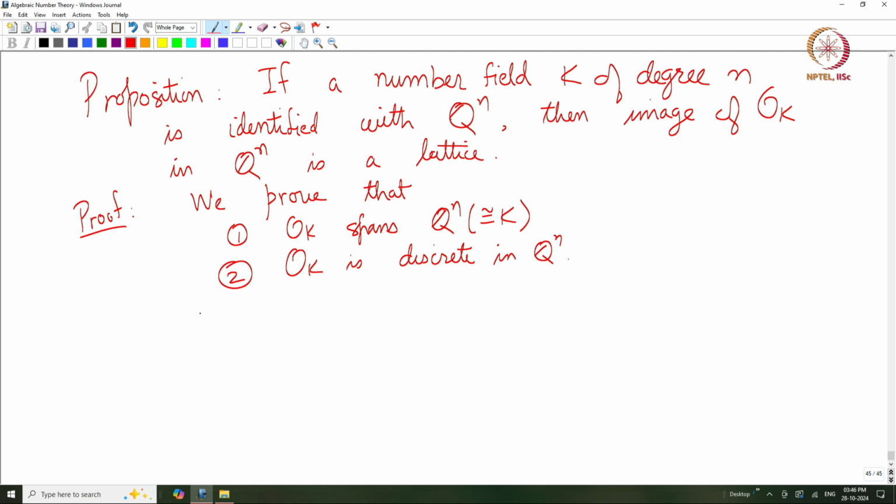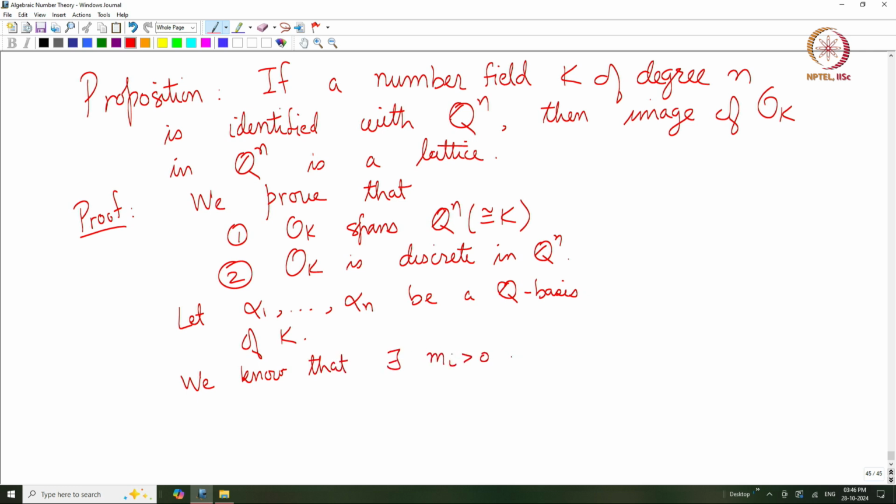All right. So, how do we prove that O_K spans K? That is easy. Let alpha_1 up to alpha_n be a Q-basis of K. This we can always do because K is an n-dimensional Q-vector space, and we know that there exist m_i bigger than 0 in Z such that m_i alpha_i belongs to O_K.